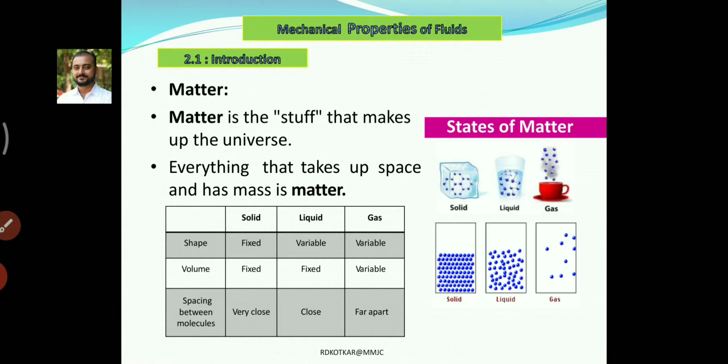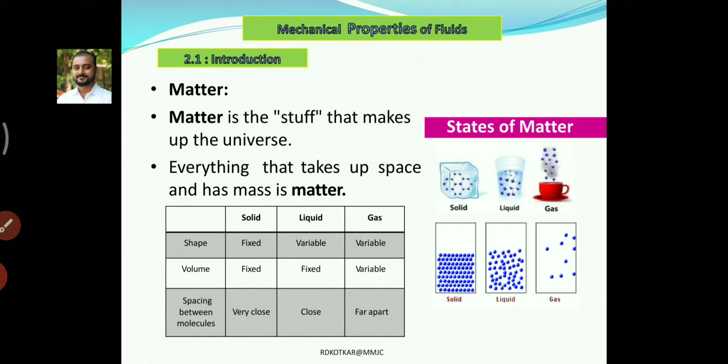Now intermolecular spacing means two atoms or molecules are separated by a distance. In solids it is very small, so they have good bonding between the atoms or molecules, and that's why solids have a closely packed structure.